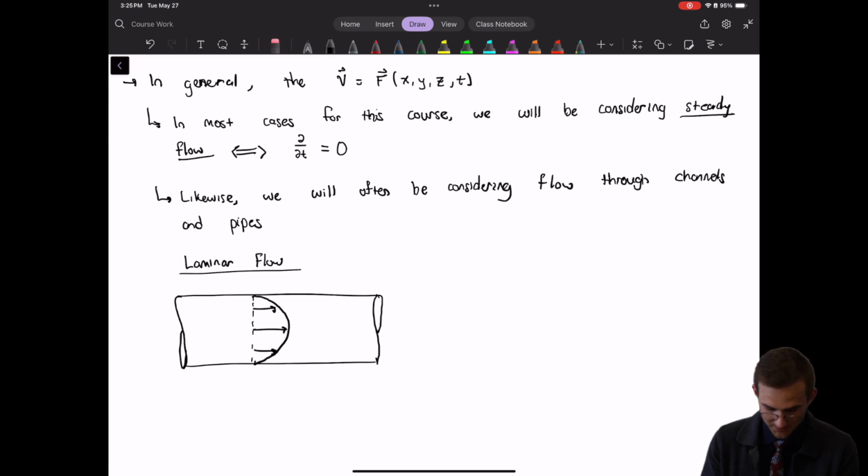So all the fluid streamlines are parallel, and this is your flow velocity, right?